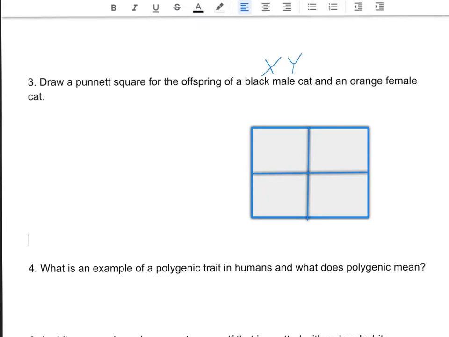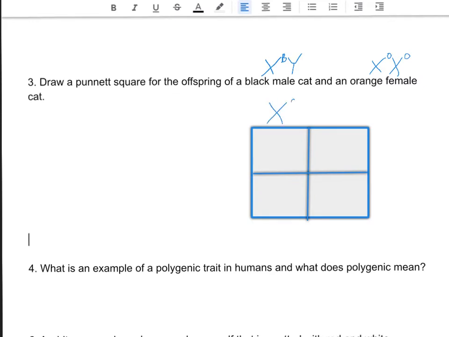So the male cat would be XY, and the female cat would be XX. And then the orange and black traits are found on the X chromosome, not the Y chromosome, because it's a sex-linked trait. So the black male cat would have a little B on his X, and then since the female cat is orange, she would have O's on both of her X's.